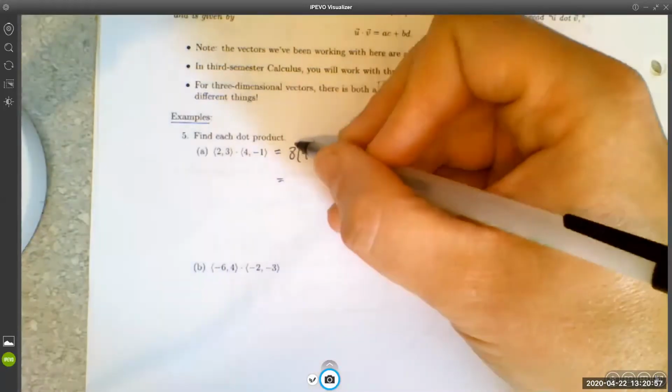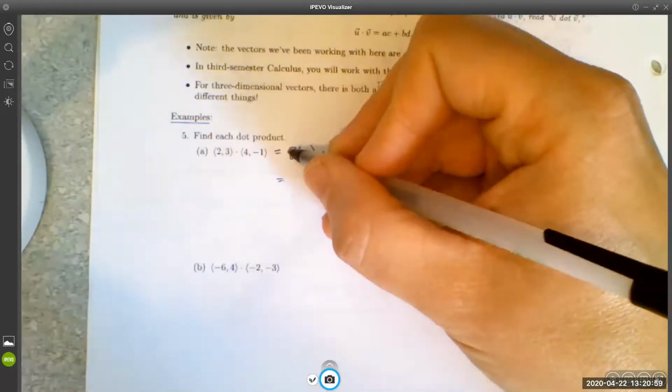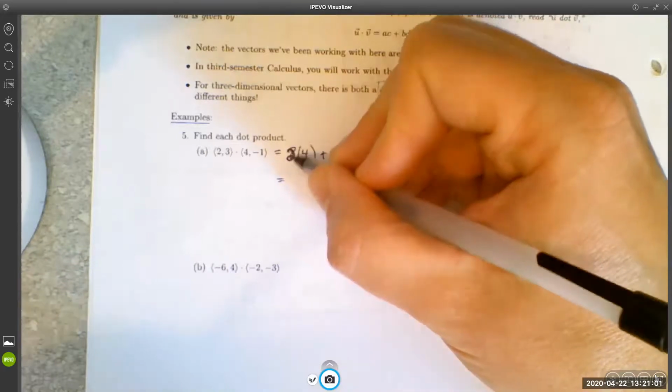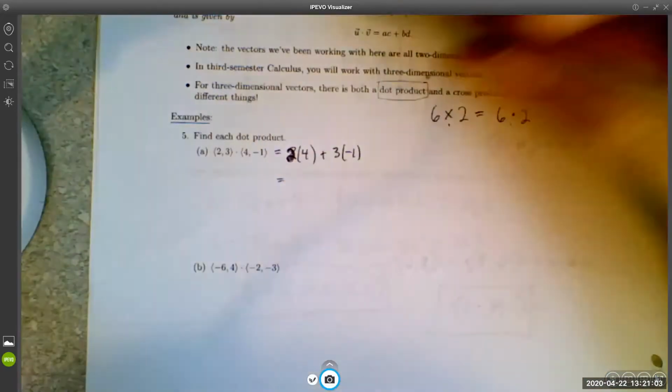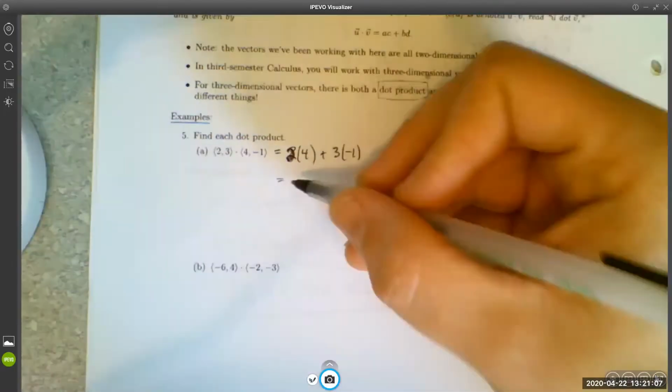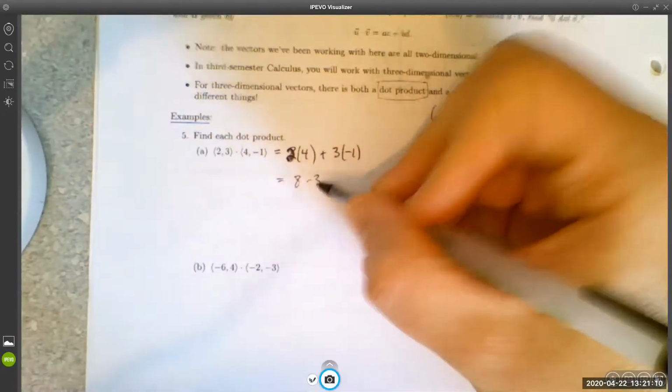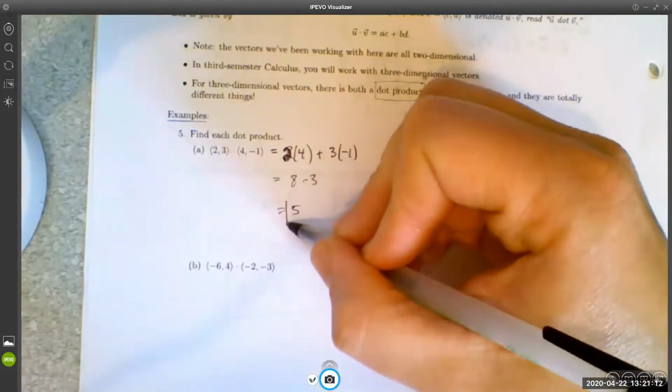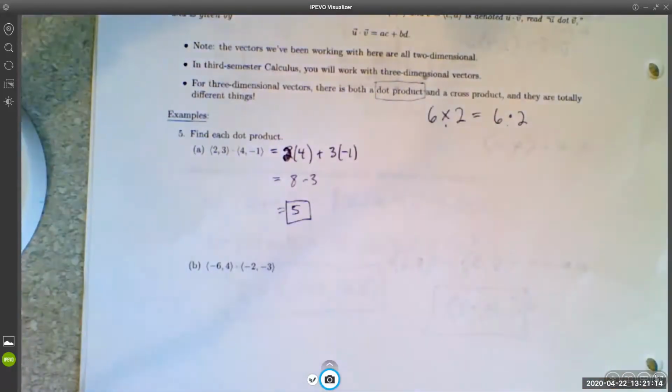Oh, I said 2 times 4 and then I wrote the answer 8. Sorry, let me fix that. It's 2 times 4 plus 3 times negative 1. So that's 8 minus 3, which is 5. Okay, so there's that dot product.